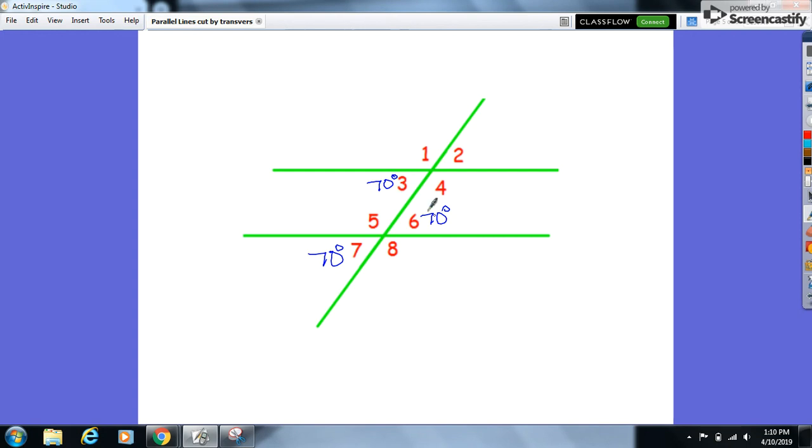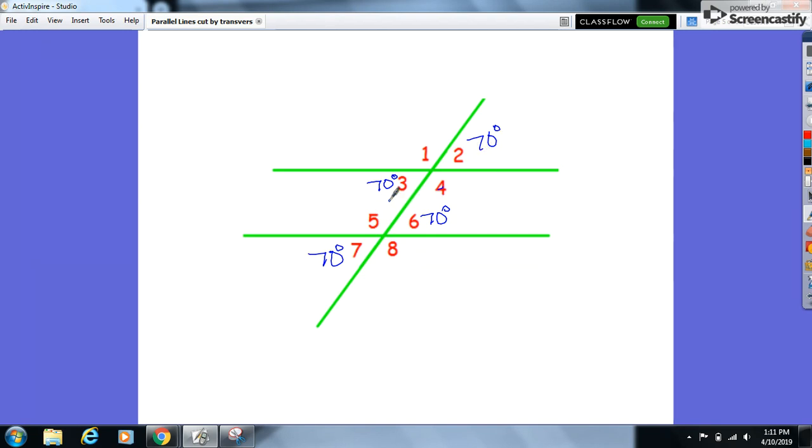They are alternate interior angles. That means that 5 and 4, if I can figure out what those are, are going to be the same. Now look up here. We need to find the corresponding angle is 6. Yep, right up here. 70 degrees. These 4 angles right here are all the same. That means the remaining 4 are also going to be the same for the same reasons.